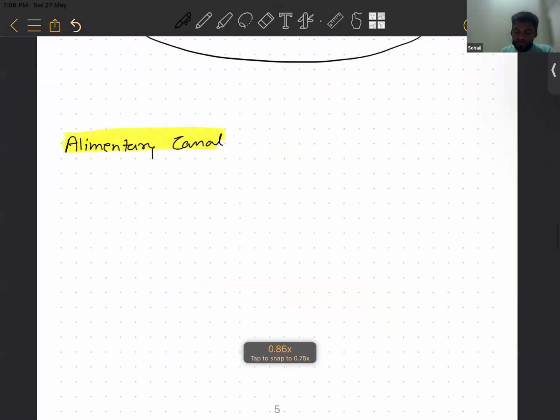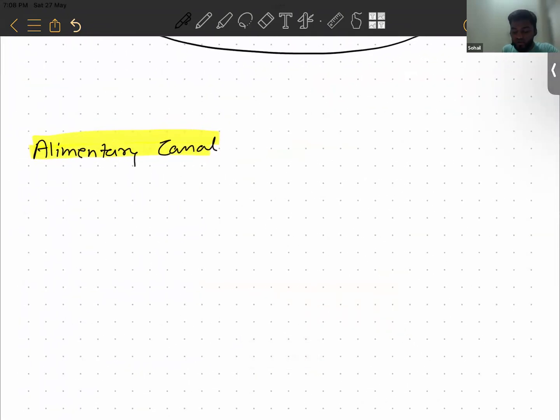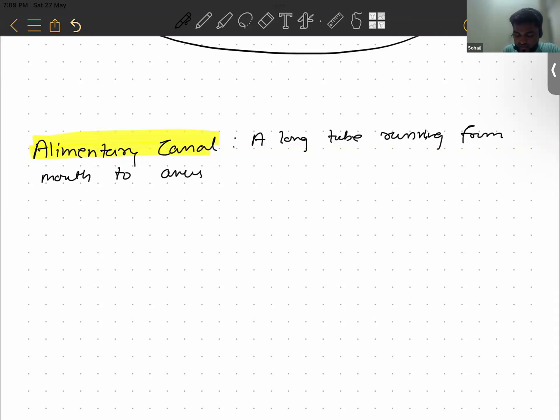So the alimentary canal is basically a long tube running from mouth to anus of an animal, human being, where food gets digested and absorbed.